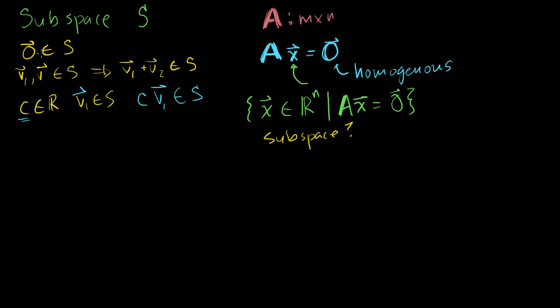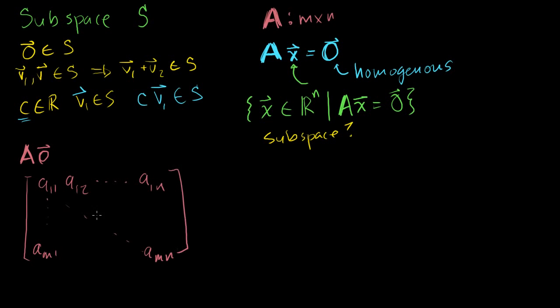So the first question is, does it contain the 0 vector? Well, in order to contain the 0 vector, it must satisfy this equation. So what is any m by n matrix A times the 0 vector? Well, let's write out my matrix A: A11, A12, all the way to A1n, and as we go down a column, all the way down to Am1, and then to the bottom right, Amn.